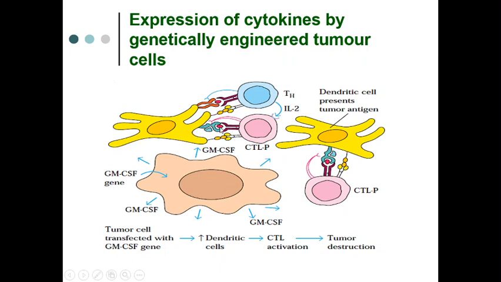Now they are presenting the antigen on class 1 MHC as well as the B7 molecule, which will interact with the CD28 of the cytotoxic T lymphocyte, and the class 1 MHC will present the antigen to the TCR of the CD8 T cells. At the same time, the B7 molecule also can interact with the CD28 of Th cells, that is CD4 T cells, and the class 2 MHC will present the antigen of tumor origin to the T cell receptor.